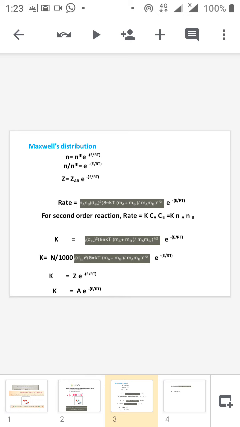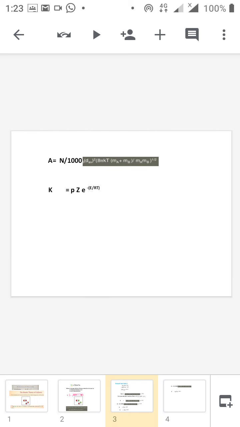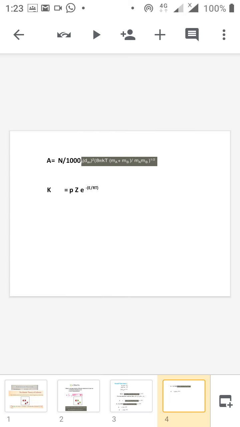That is the Arrhenius equation. If you compare the two equations, we know that A is equal to Z. So A is equal to N by 1000 into D average square 8 pi RT into (MA plus MB) divided by MA MB, whole raised to half.